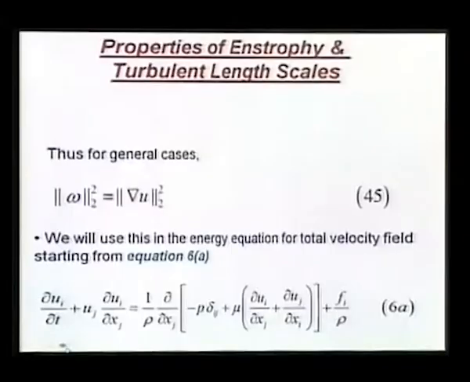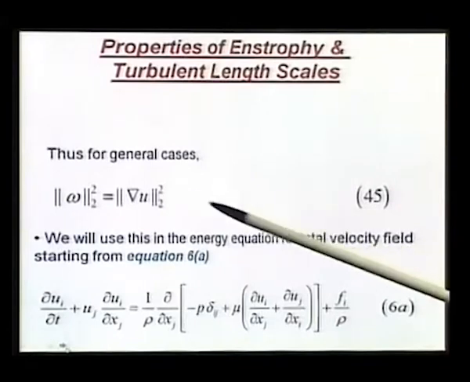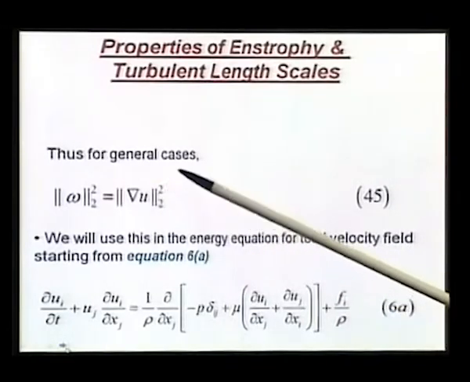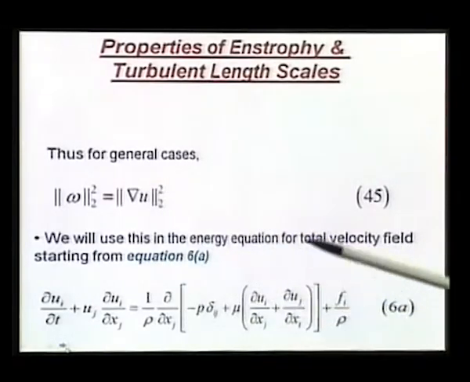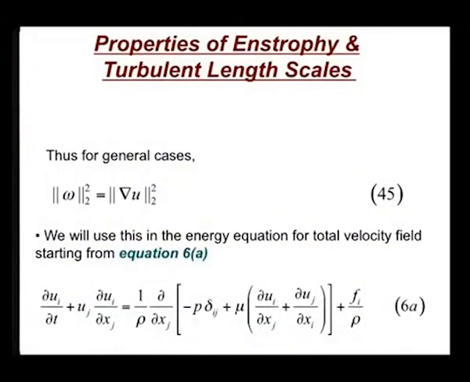So, in a sense, what we are saying is that for the general case, the entropy measure is given by the velocity gradient measure, right. So, we can make use of this equation 45 in further developing our ideas.